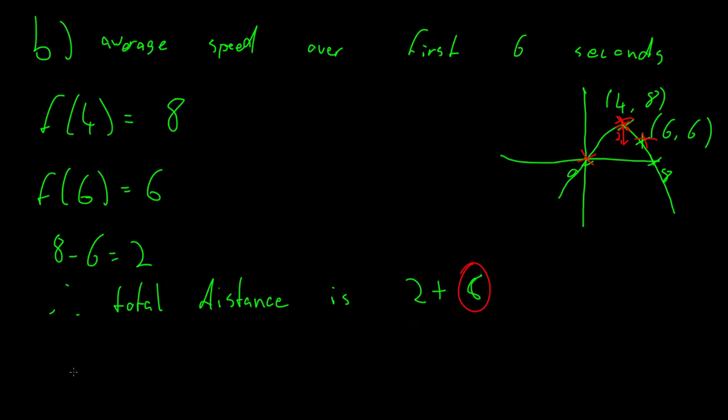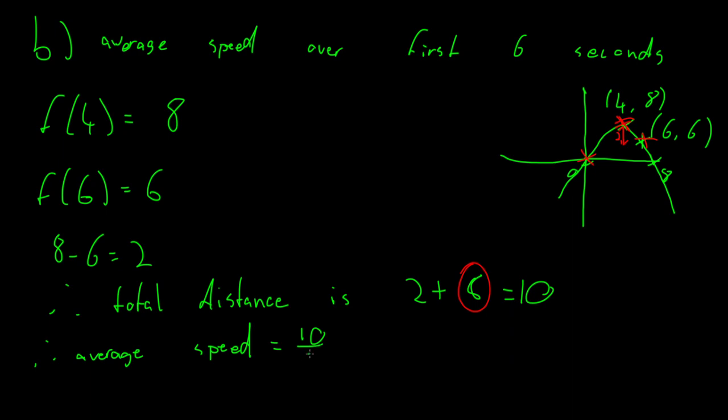And it's over 6 seconds. Therefore, average speed equals, well, that equals 10. So the total distance is 10 meters, and the time is 6 seconds.